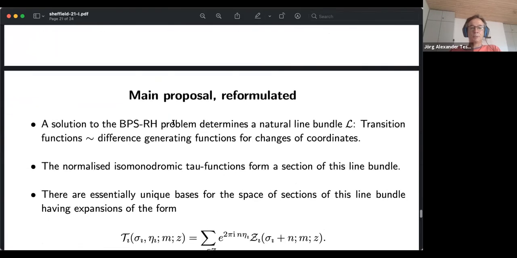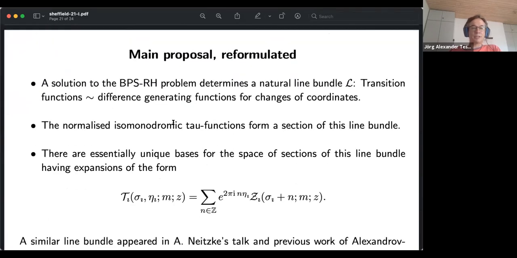And the main proposal, reformulated, is that indeed there is a solution to this BPS Riemann-Hilbert problem, which is basically provided by exact WKB applied to these Schrödinger operators with apparent singularities, and the solution determines a natural line bundle whose transition functions are the difference generating functions for changes of coordinates.